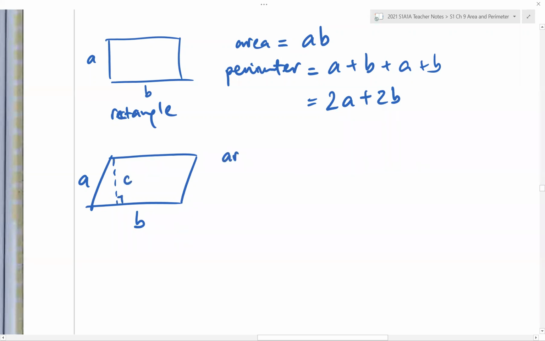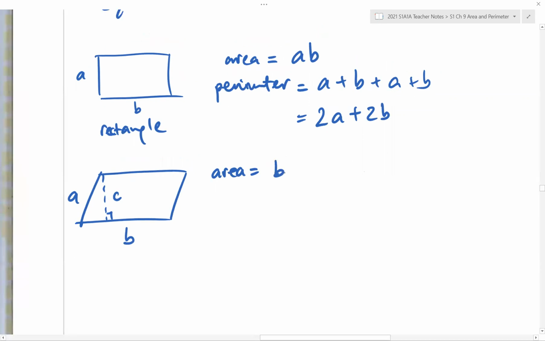Okay, let's start with the area. Okay, so Karin, what is the area? C times B. Good. Or base times the perpendicular height, BC. Okay, the other way around, same.